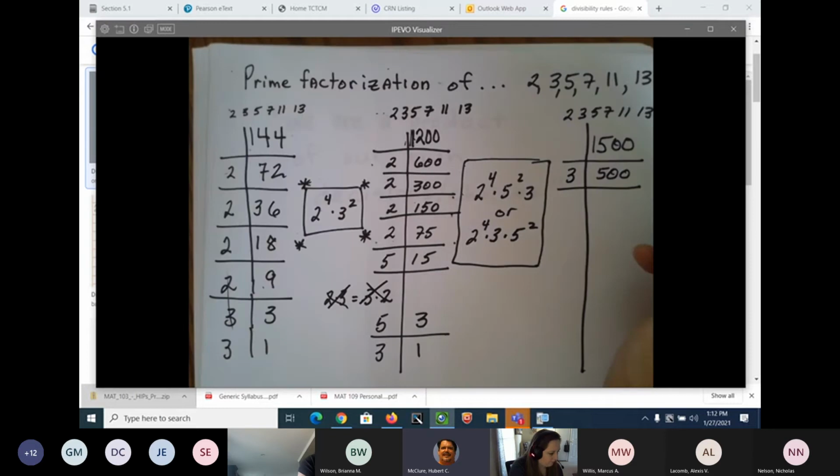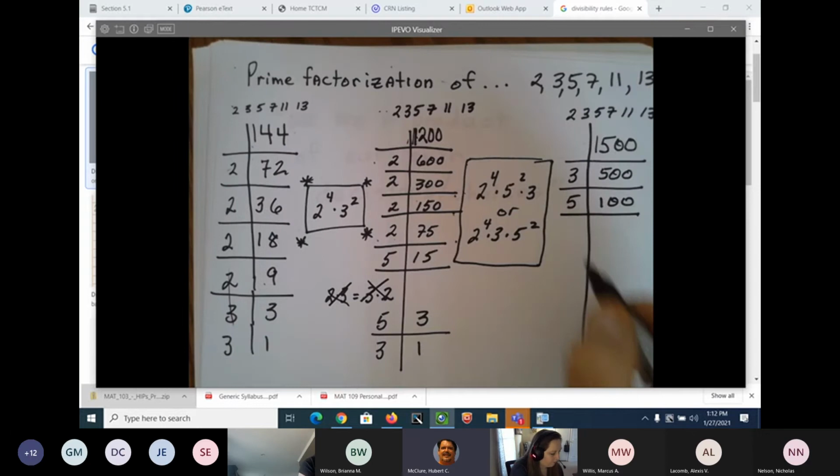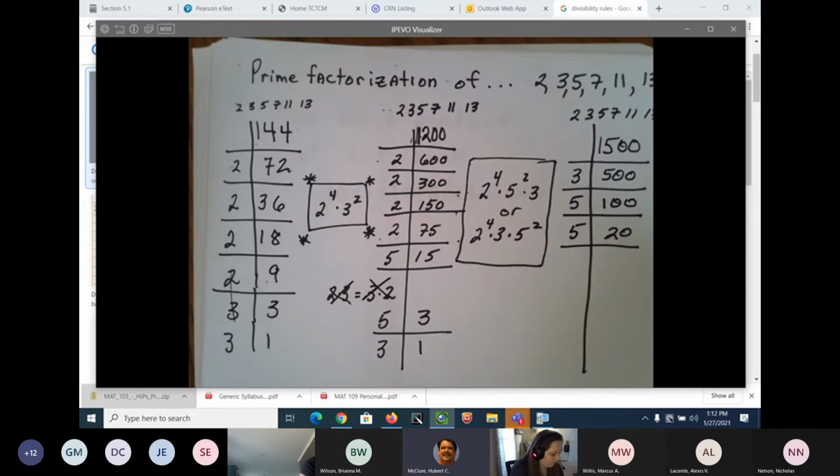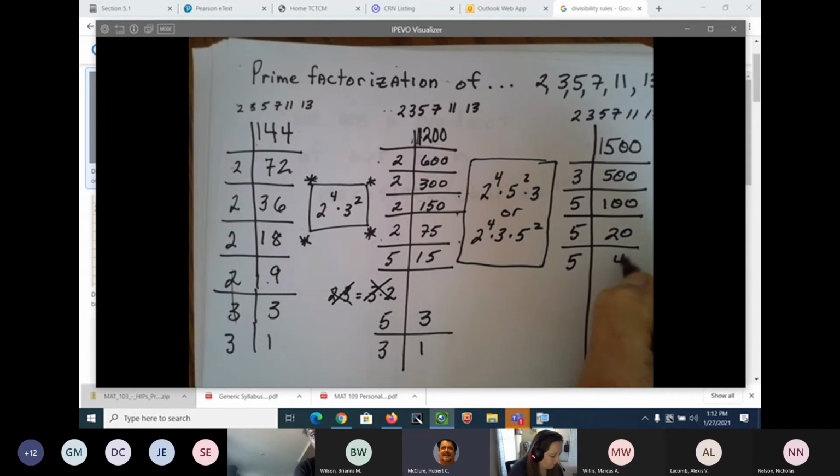All right, 5 will go into 500, 100 times. 5 will go into 100, 20 times. 5 will go into 20, 4 times. 2 will go into 4, 2 times. And 2 will go into 2, 1 time.